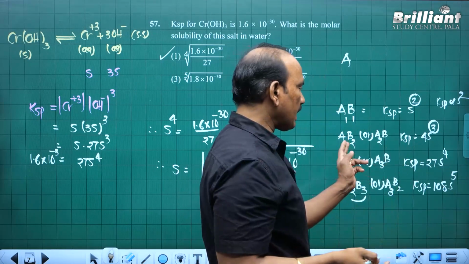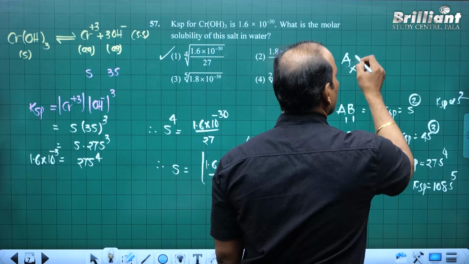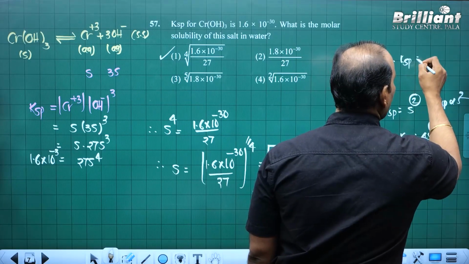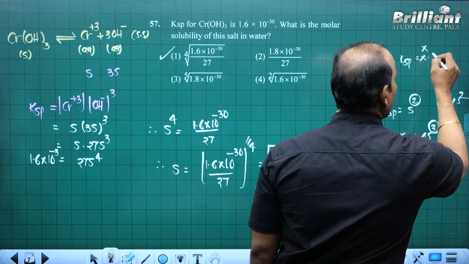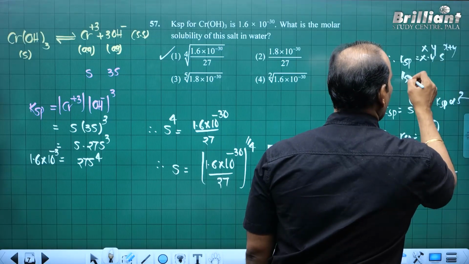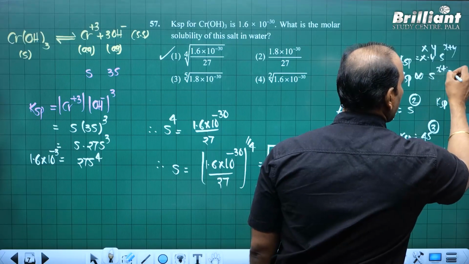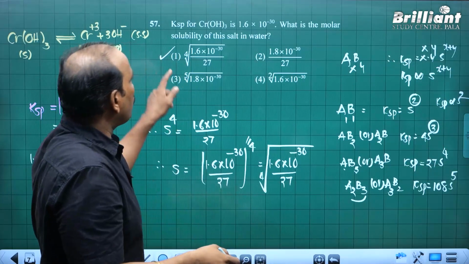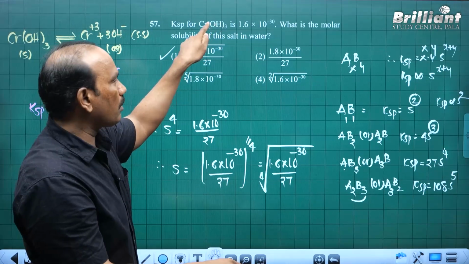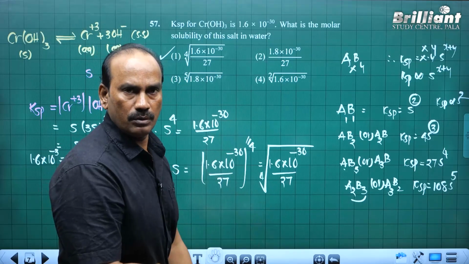Here Ksp is directly proportional to S power 3. Here AxBy is there. Therefore Ksp equals x power x, y power y, S power x plus y. Therefore Ksp is directly proportional to S power x plus y. Now here we go to this one. 1 and 3, totally 4. Here 4 only, need not do any solvation. Clear?